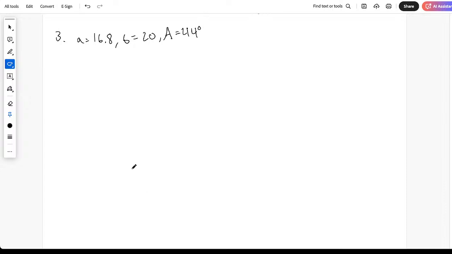Okay, let's draw this puppy. So we got 44 at angle A. Side B equals 20. Then we have an unknown angle here, and side A equals 16.8.